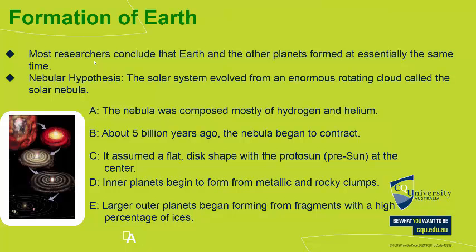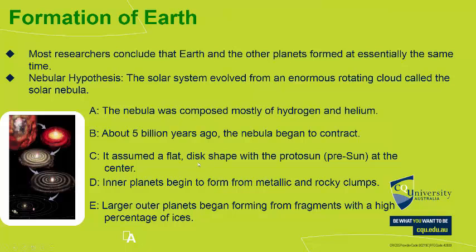Now, the nebula was composed mostly of hydrogen and helium, the gases. It happened about 5 billion years ago. The nebula began to contract. It is assumed that it contracted into a disc-type shape, with what we call our protosun, our pre-sun, at the centre.